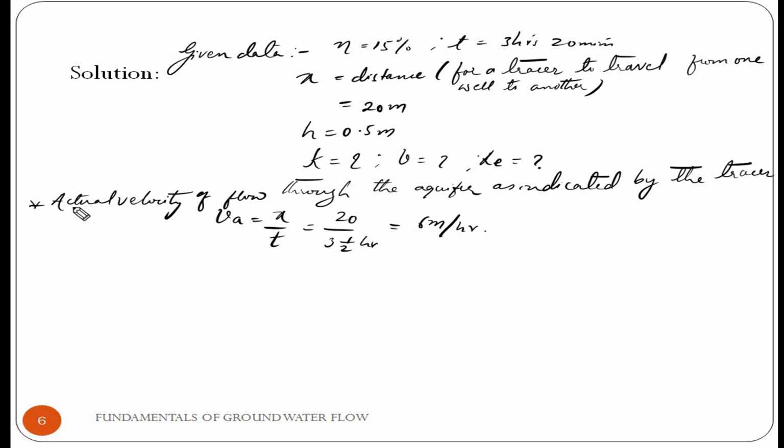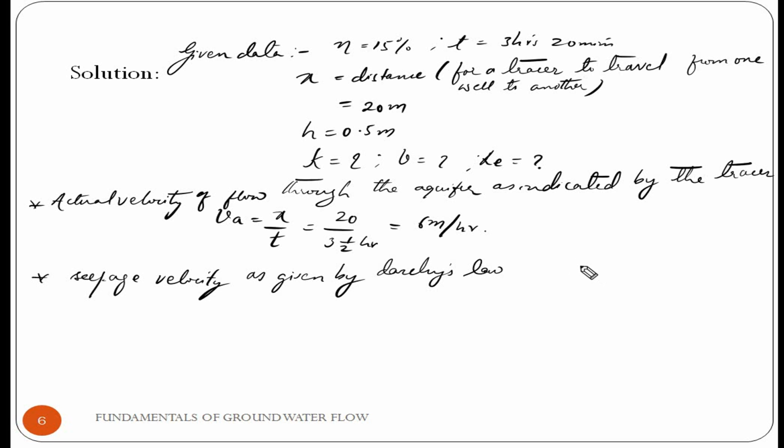Now the seepage velocity as given by Darcy's law, V is equal to K into i, which can also be written as K into H by L. That is, K we have to calculate, and H is 0.5 divided by 20.